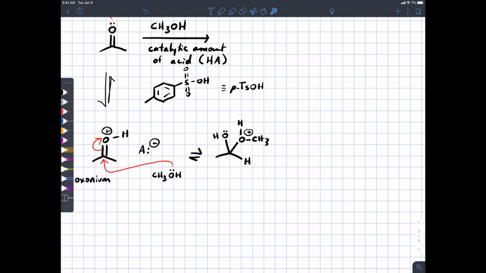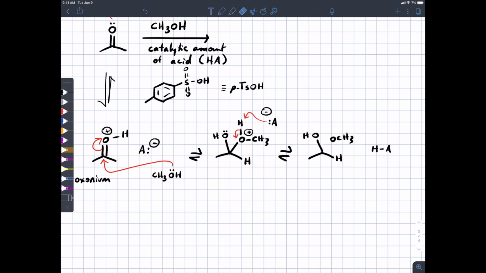So we could use the conjugate base of our acid to remove the proton from what used to be methanol. And if we did that, that would stop it from being a good leaving group. And that would regenerate our acid.